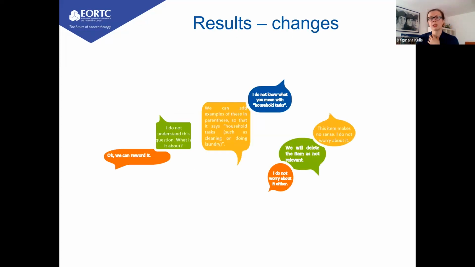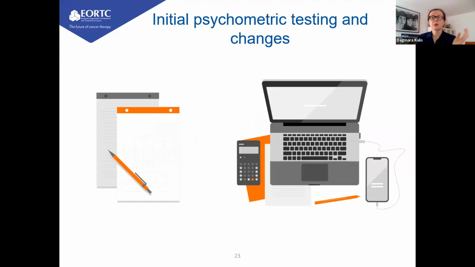And all their comments are then analyzed to adapt the questionnaire to make it better. So, for example, we can reword a question if it's not understood, or we can add examples if people had problems with understanding, or we can delete questions if they did not really work. So this was phase 3A.